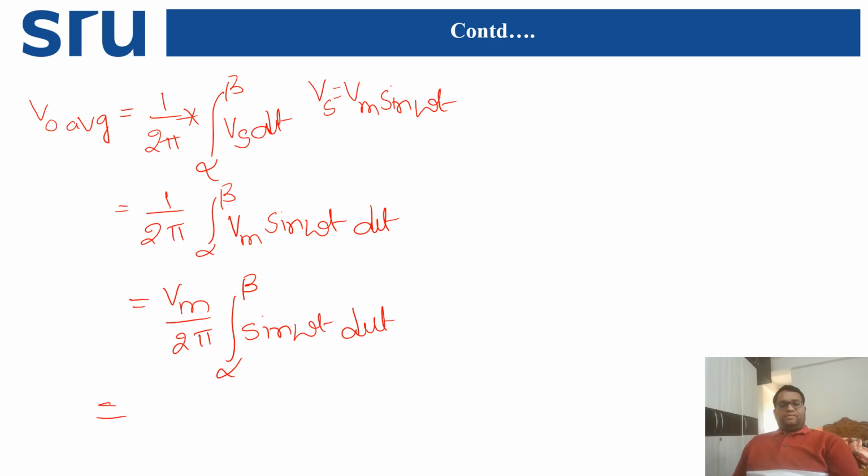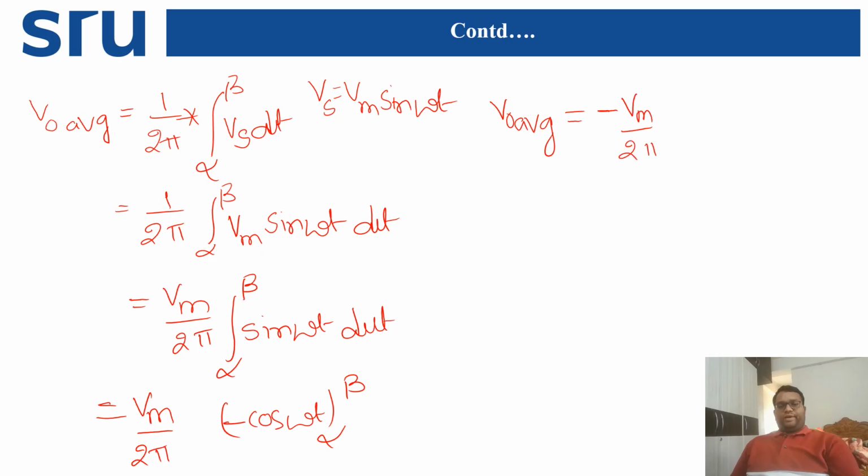Then Vm by 2 pi, the integration of sine is minus cos omega t, from alpha to beta. Now go to the final derivation: V naught average is equal to minus Vm by 2 pi, applying the limits, cos beta minus cos alpha.